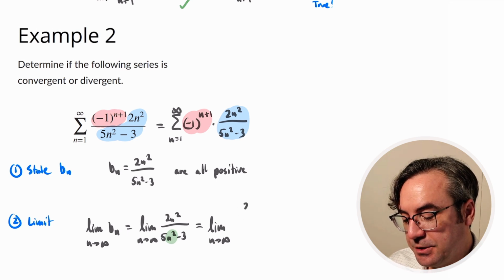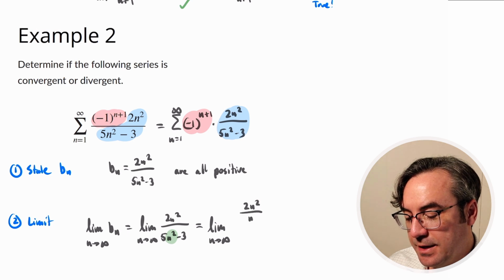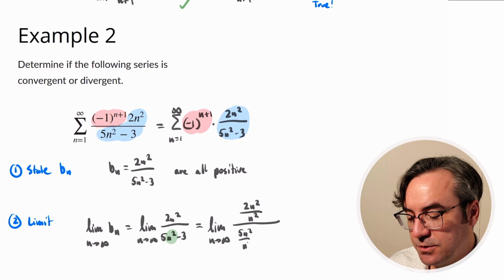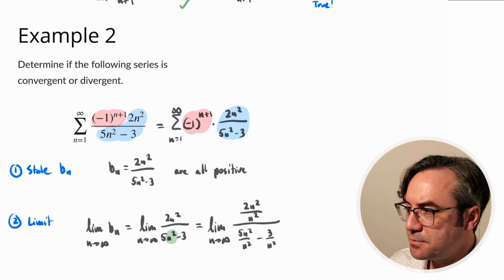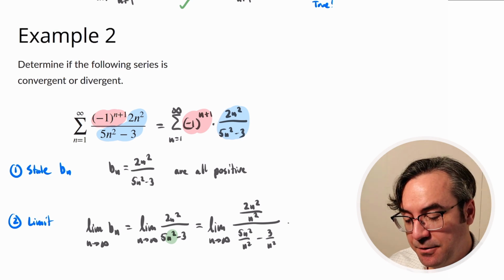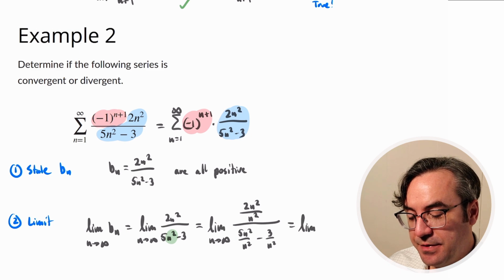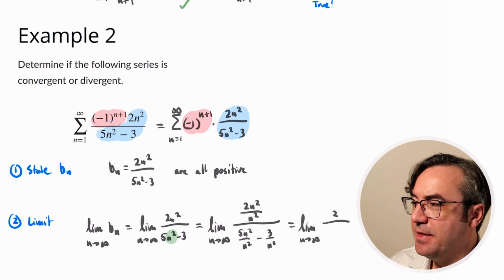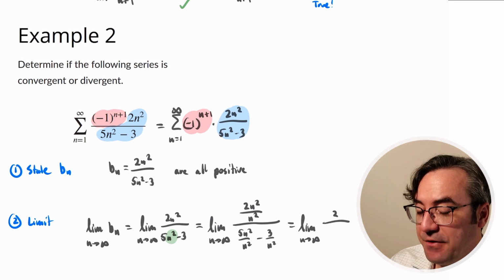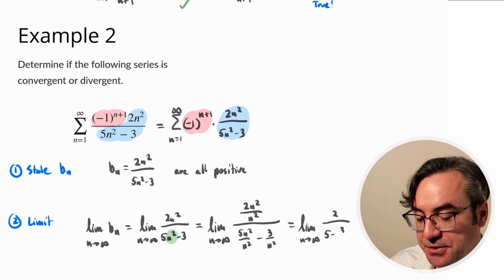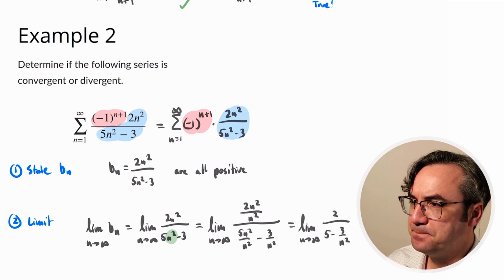So if we do that, we get 2n squared over n squared, 5n squared over n squared, minus 3 over n squared. Clean it up, simplify it down. So the fraction on the top becomes just 2. And then in the denominator, we end up with a 5 minus 3 over n squared.